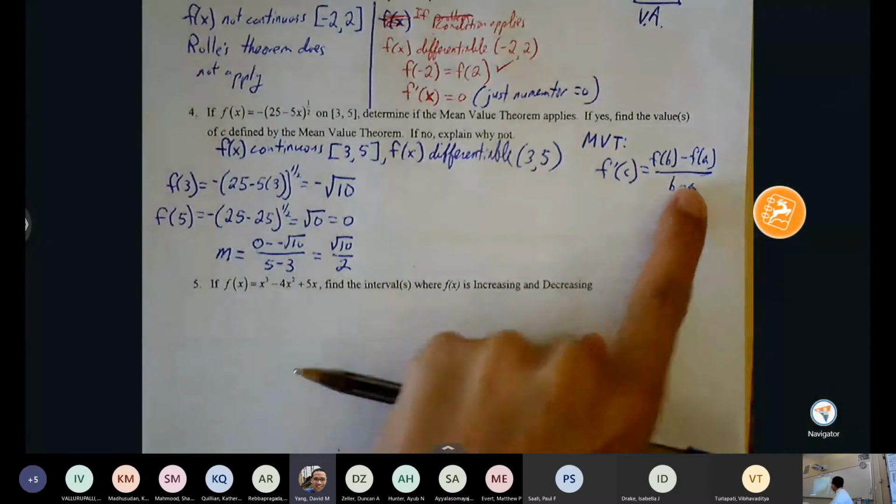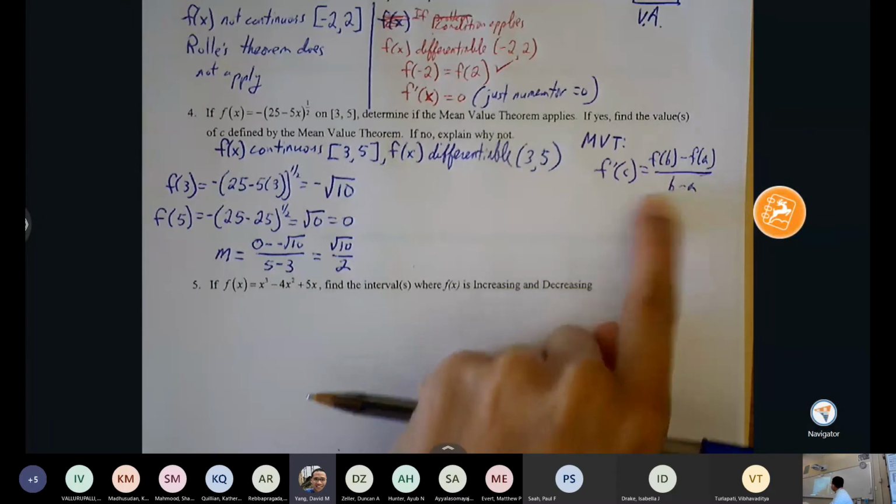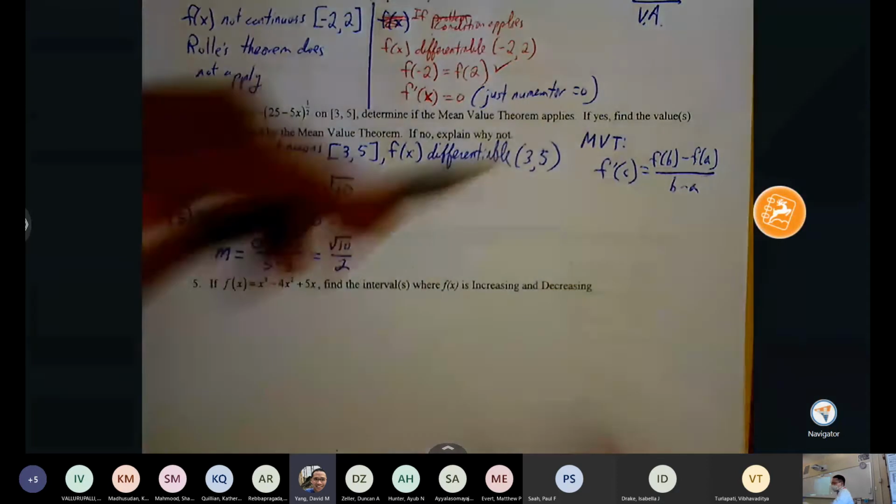Okay, we have this number. Now we can find what? The derivative. Okay, so for the derivative, what's required here? Chain rule. Okay. All right, we'll finish this tomorrow.